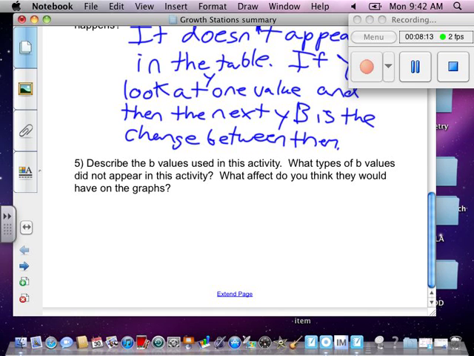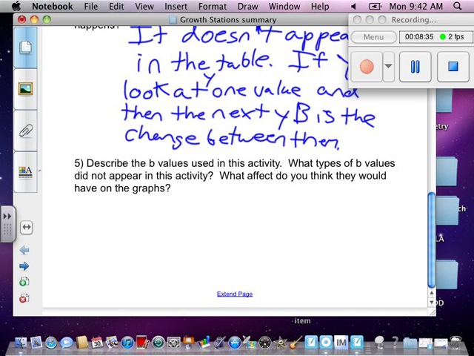Number 5, describe the B values used in this activity. What type of B values did not appear? Did anybody see any of the B values be a fraction? I saw A values be fractions. Did I see any of the B values?